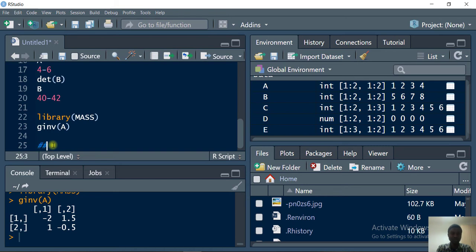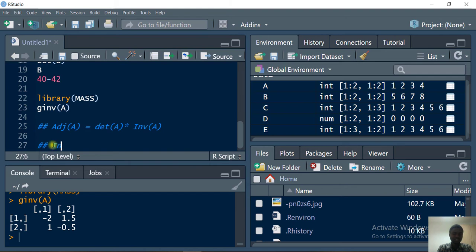So the adjoint of A equals the determinant of A multiplied by the inverse of A. So if I'm going to get the inverse of A, invariably the inverse of A will now be the adjoint of A divided by the determinant of A, which is the same thing as the adjoint of A times 1 over the determinant of A.